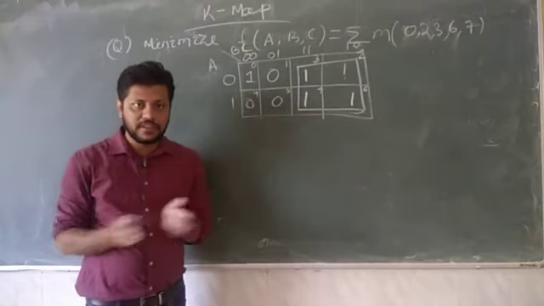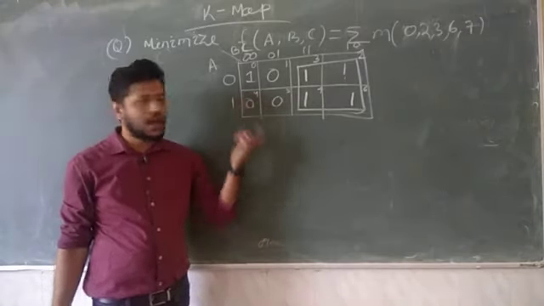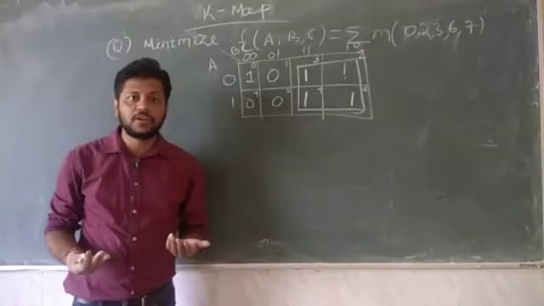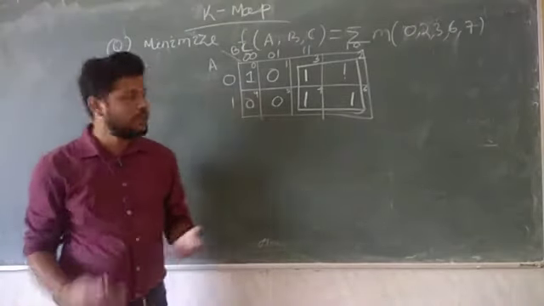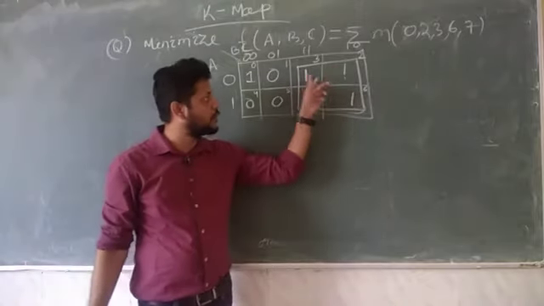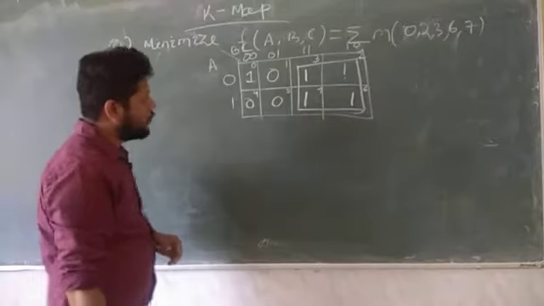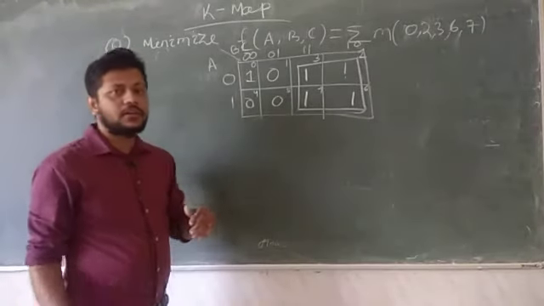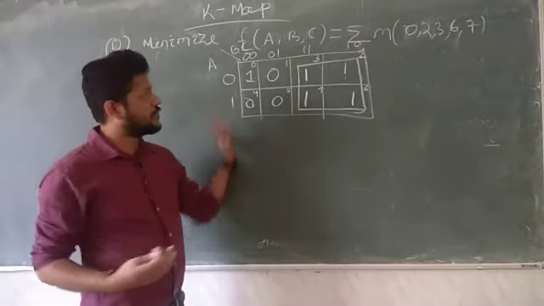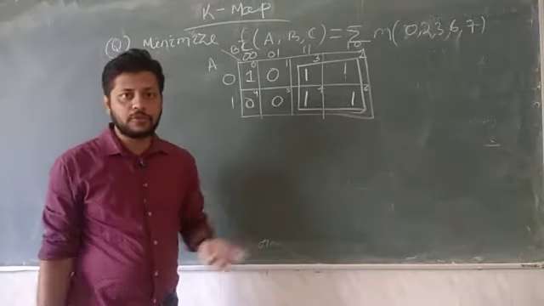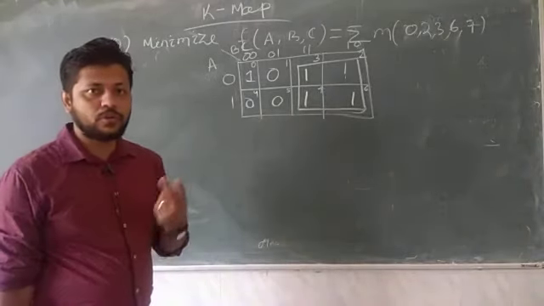Since we have 0, next we see whether it is possible to combine 4 cells. Yes, it is possible to combine 4 cells, 1 1 1 1. Then we check again for another 4 cells, but there is no possibility of another 4 cell group. Then we check whether it is possible to combine 2 cells.